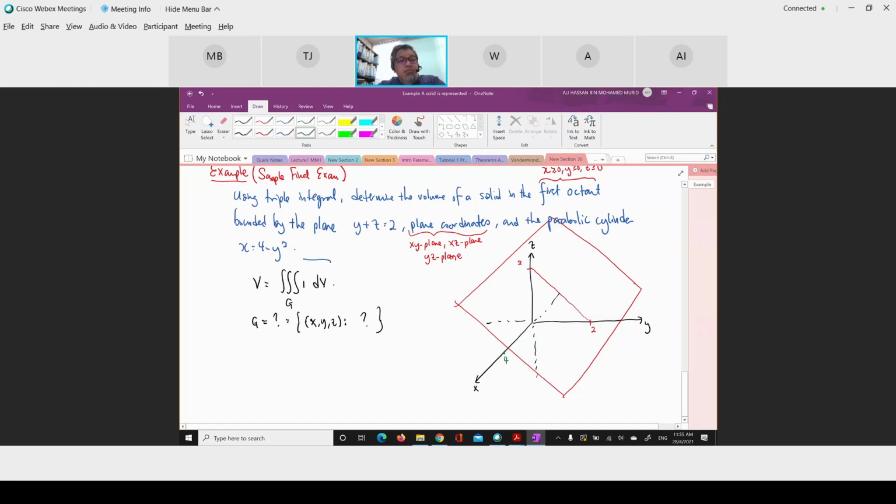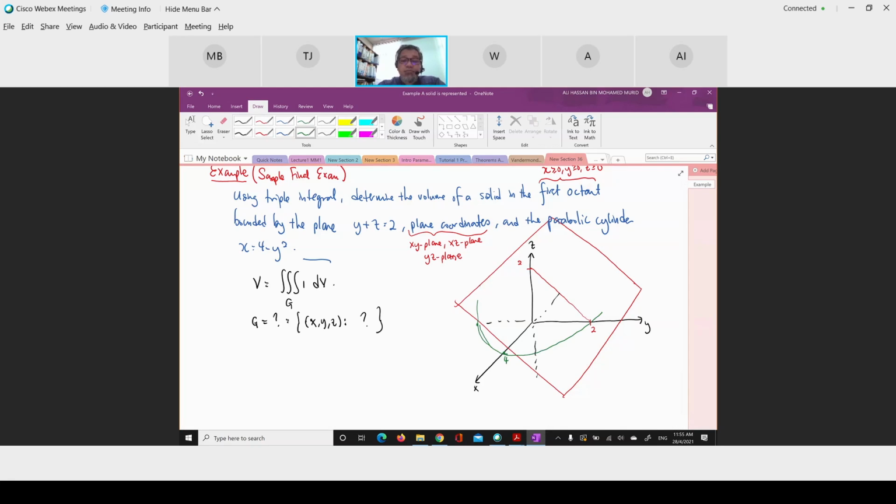When x is 0, y equals plus or minus 2. So we have something that looks like this. It is a parabolic cylinder.